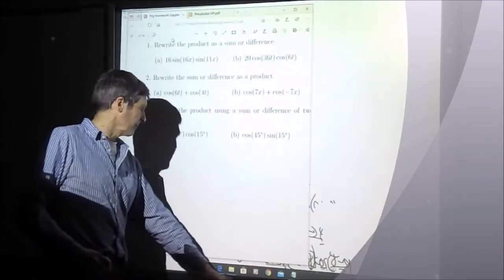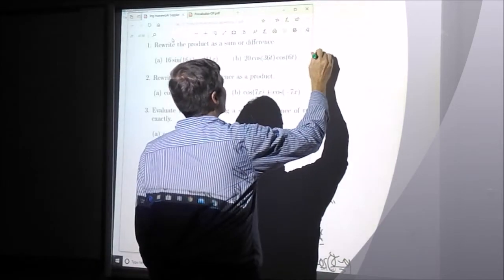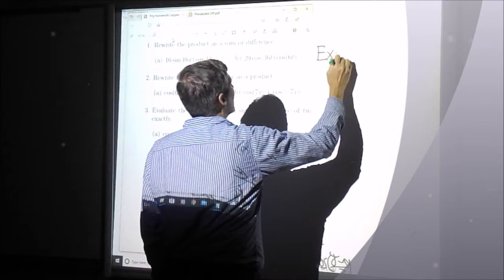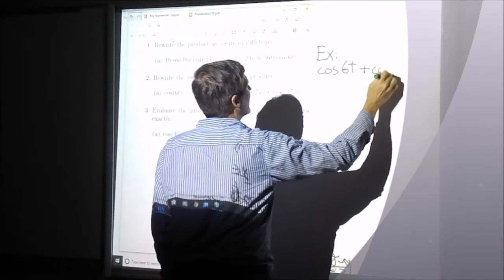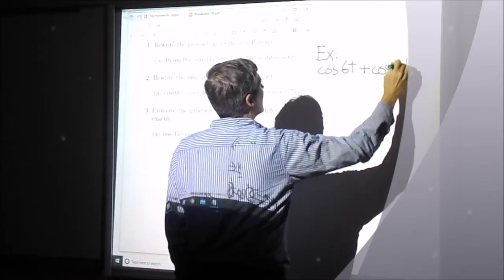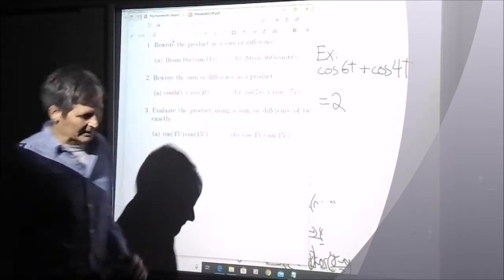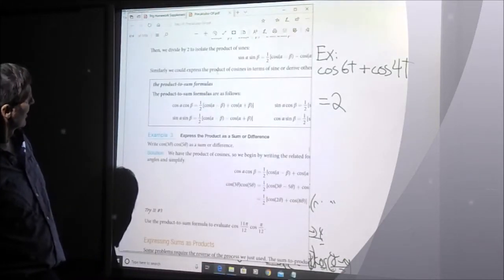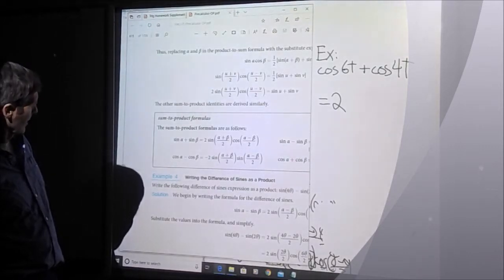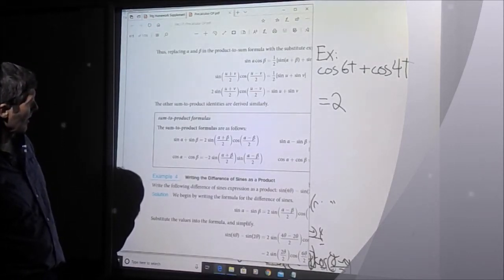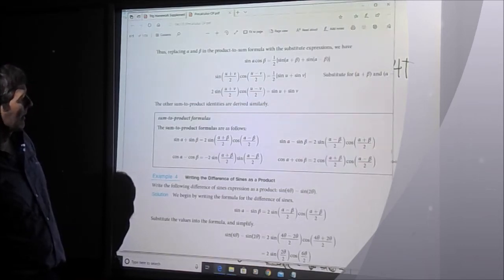So suppose I try and rewrite this one. Suppose I have cosine 6t plus cosine 4t. Well, that came out to be twice. Let's put the formula back up here. Alright.